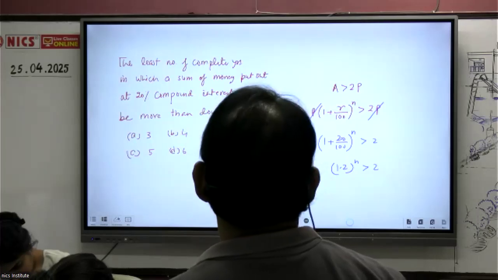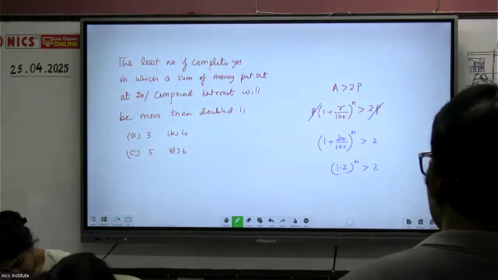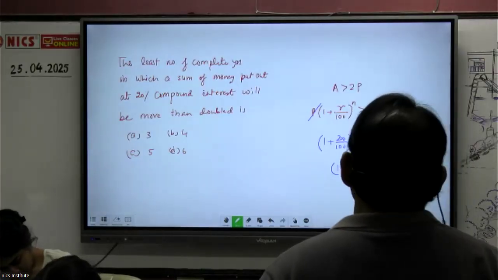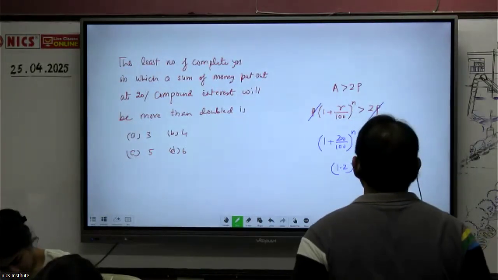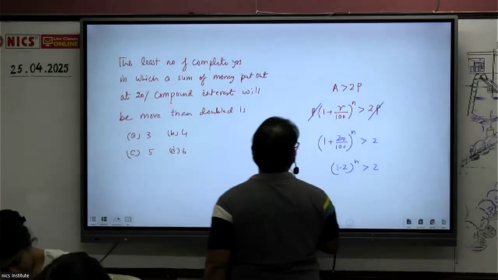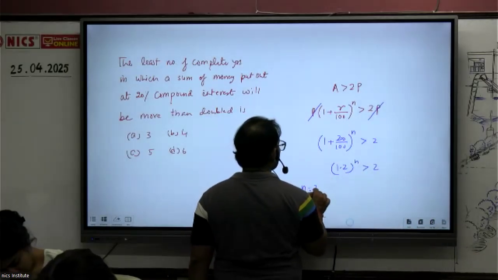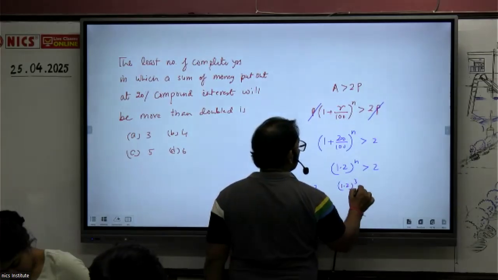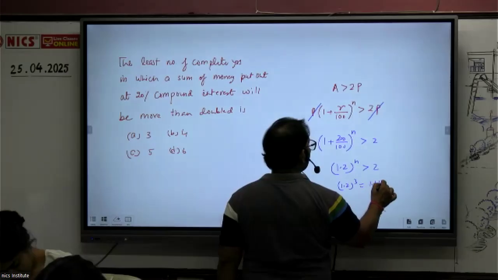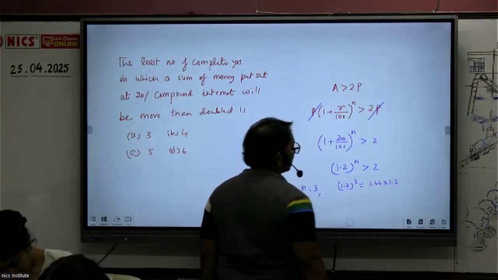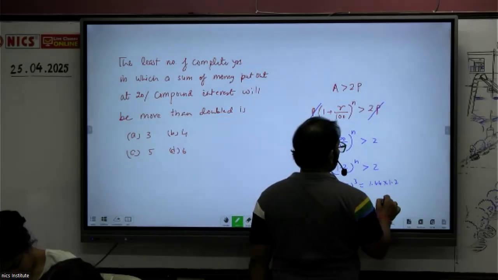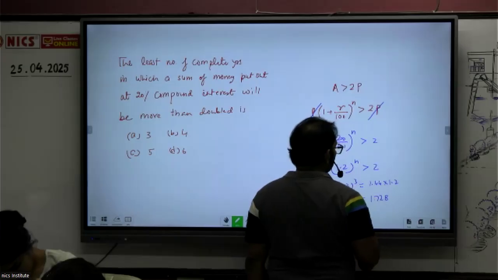So now put the formula for amount. P into 1 plus R by 100. So if it's 3, are you getting the answer? 1.2 whole cube will be 1.44 into 1.2, which is 1.728.